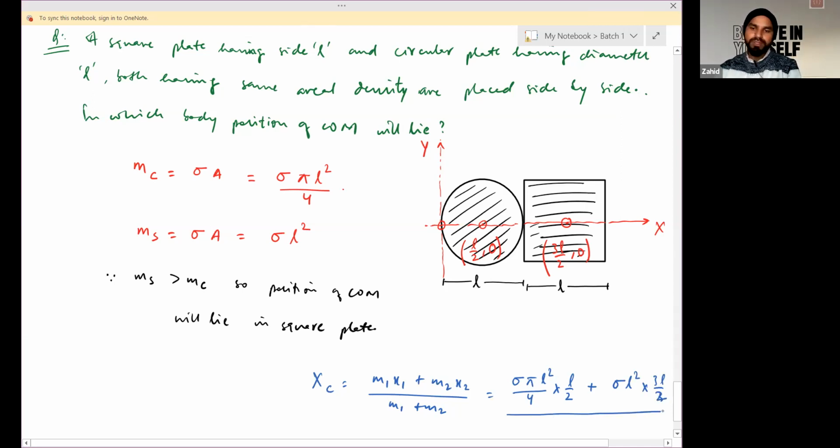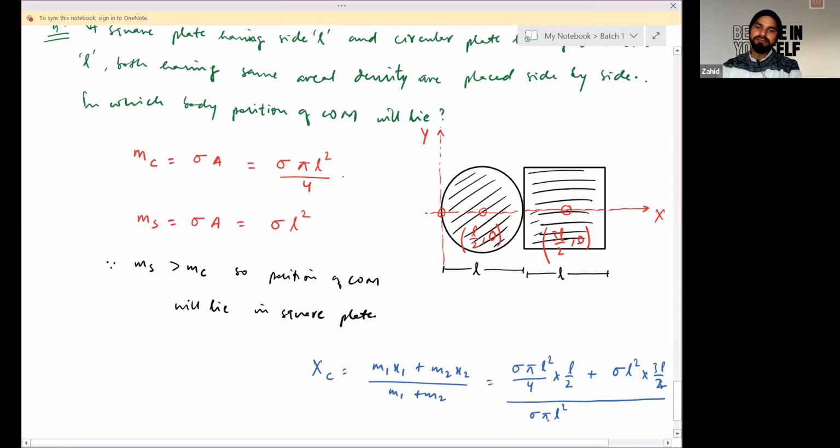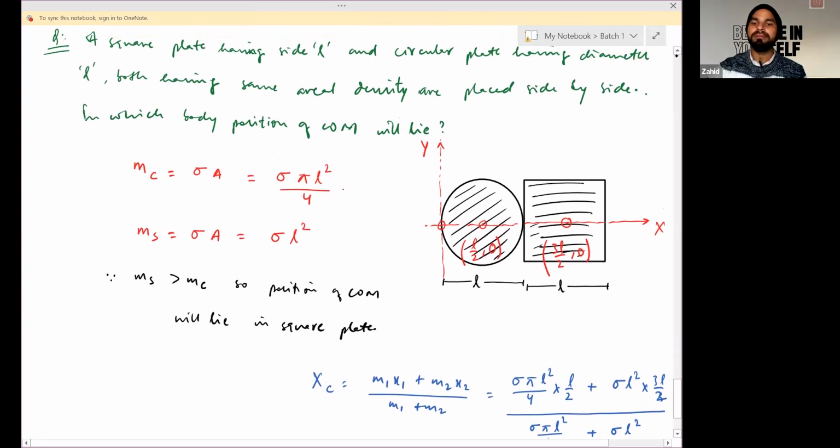All divided by the total mass, sigma times pi L square by 4 plus sigma times L square. On simplifying it, you'll get your answer for the position of the center of mass. Is it clear? Yes, sir. Okay, just write it down.